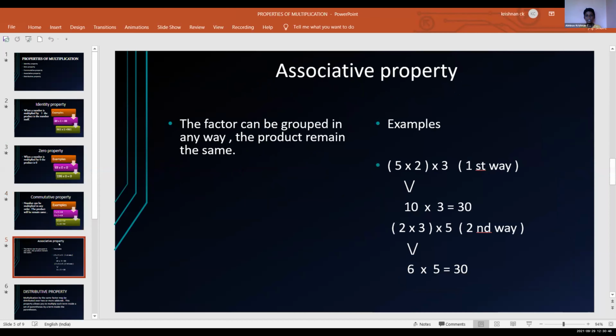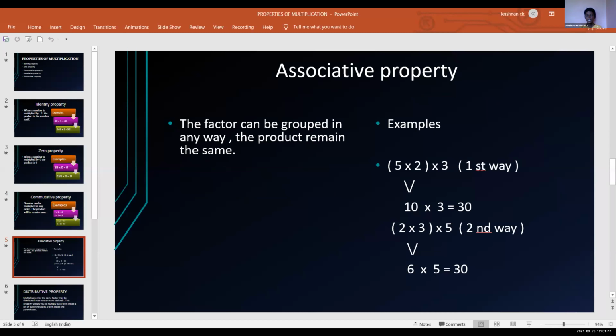Associative property. The factors can be grouped in any way. The product remains the same. We have an example of 5 into 2 into 3. Let's solve it in the first way. First multiply 5 into 2, which gives us 10.